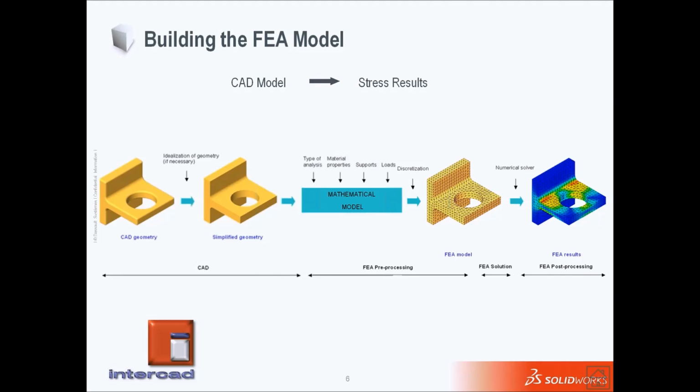When you have found out about this, we go to the next step, where we assign the material to our actual geometry. Material properties such as Young's modulus, Poisson ratio, tensile strength, and yield strength are what we assign in this step.